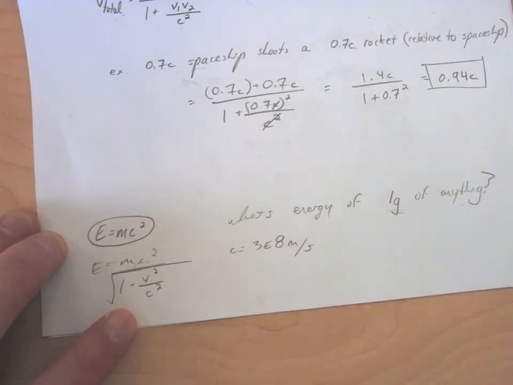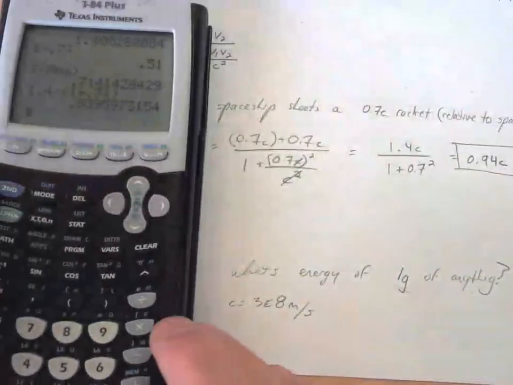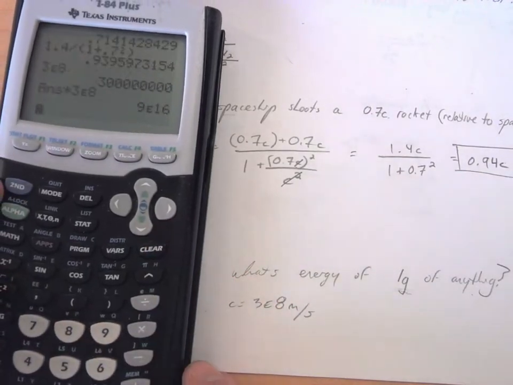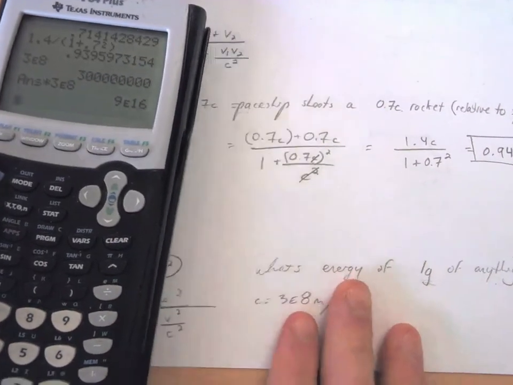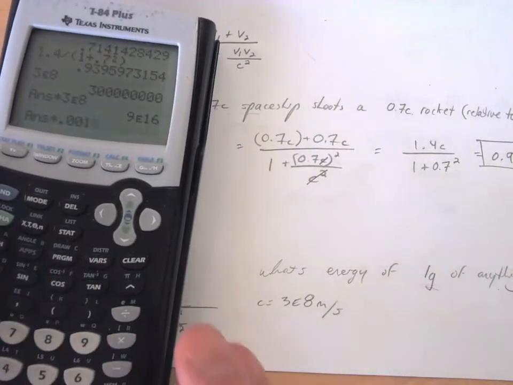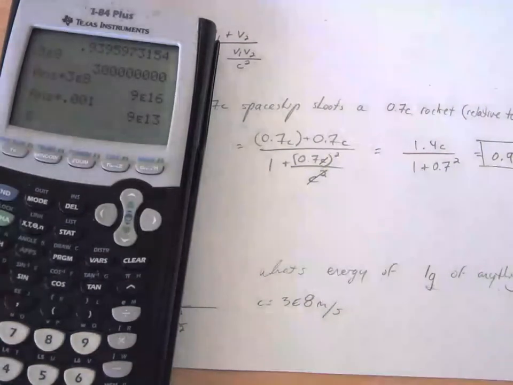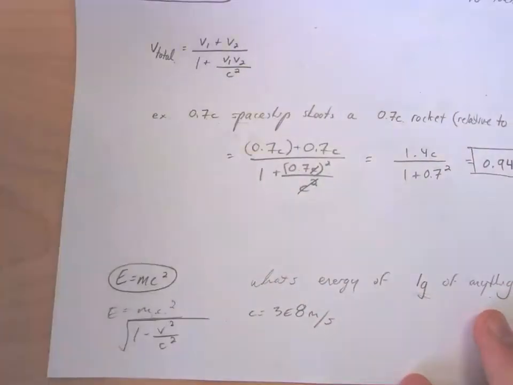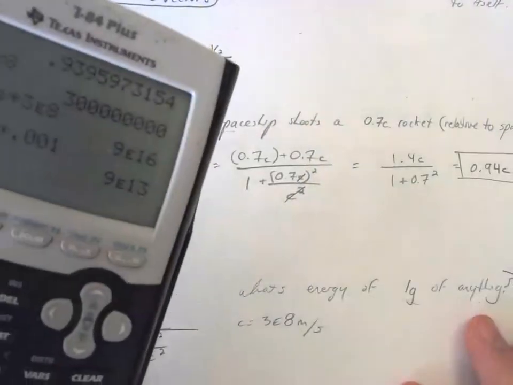The amount of energy you get in joules is going to be a crazy amount. 3e8 times 3e8 gives 9e16, times the mass, 0.001, because it's just 1 gram. So it's a crazy large amount of joules of energy. If you could get all the energy from something, you'd get a lot. You'd be able to power a house for a very long time. You could probably calculate that, but I'm not going to do it right now.